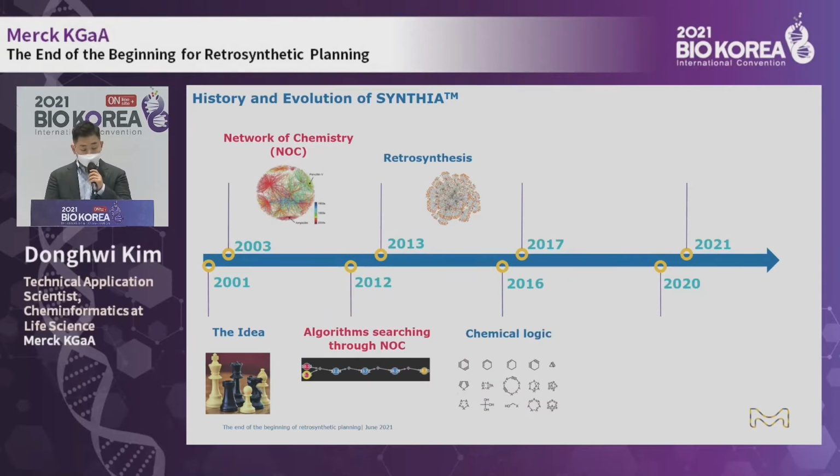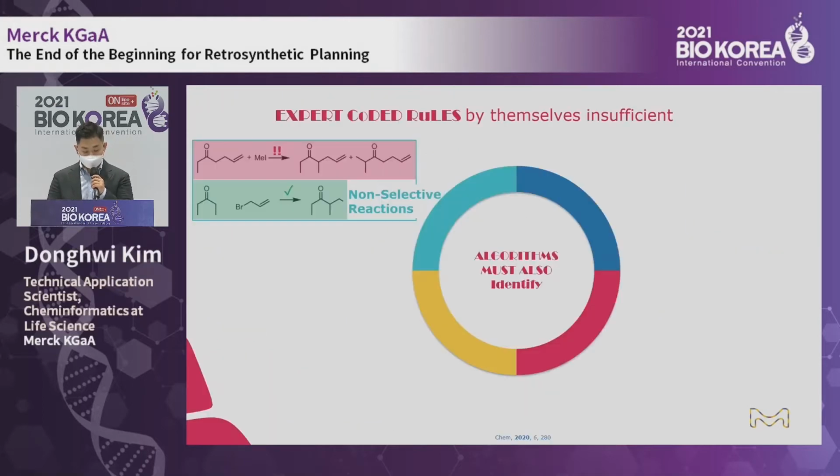Once the rules were well on the way, the next step was teaching the software various types of chemical logic in order to enable it to find pathways for target molecules. In addition to incompatibility and protection, additional logic has also been built into the software so that the algorithm may identify other issues as well, for example, reactions that are non-selective.